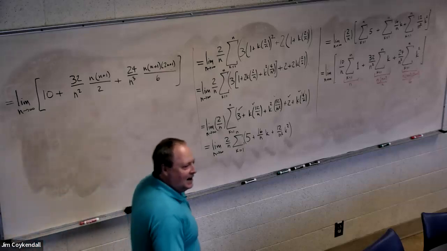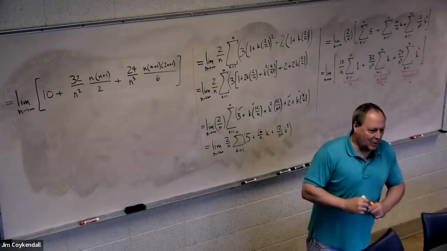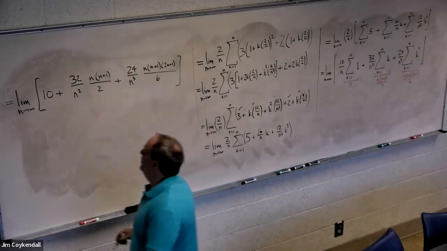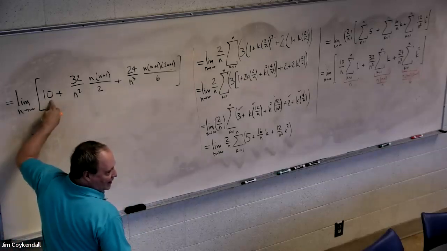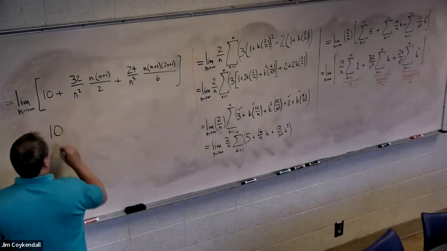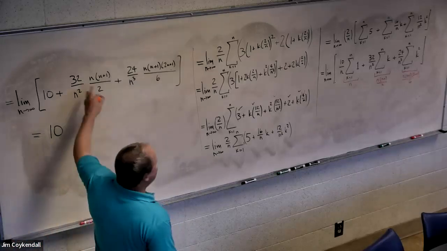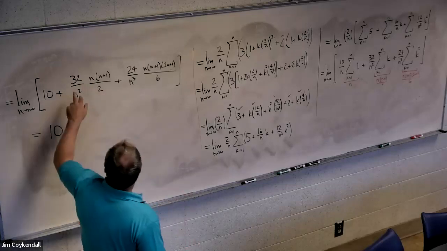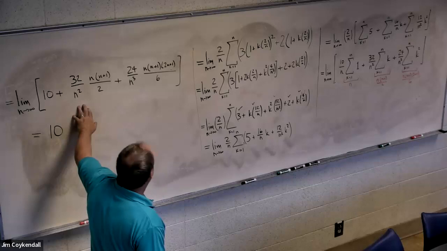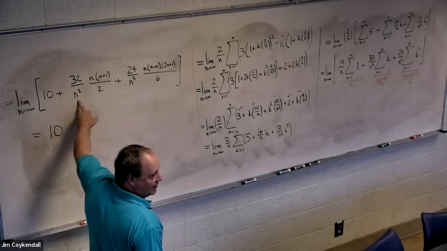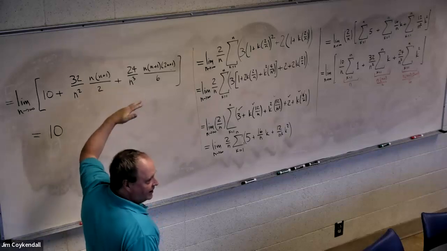Oh, this is a great time to practice those limits I was talking about earlier, back from 1040. So let's do it. As n goes to infinity, where does 10 go? That's just 10, right? Now watch this. I can cancel some stuff beforehand. What's the biggest power of n you see on the bottom? The square power. Everybody agree with that? What's the biggest power of n on top? n squared also.